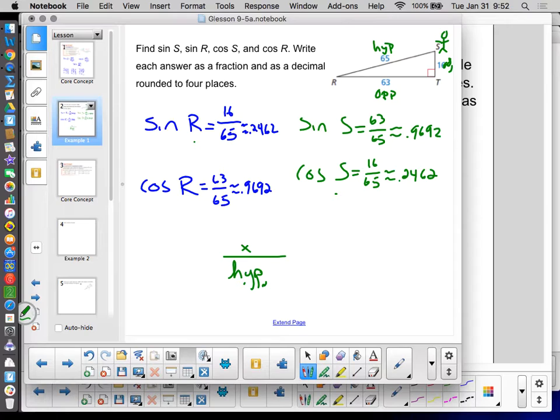So if this is always the longest side down here, and this is always shorter on top, not always a whole lot shorter, but always shorter, that means this ratio can never have a value greater than 1, can it? Tangent can be any value you want, but sine and cosine cannot have value greater than 1 because the hypotenuse is the denominator. So little things we figure out very quickly about these ratios.